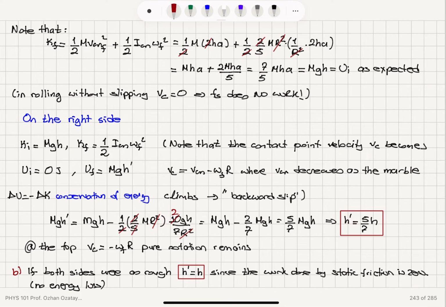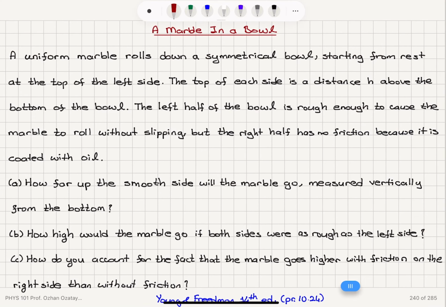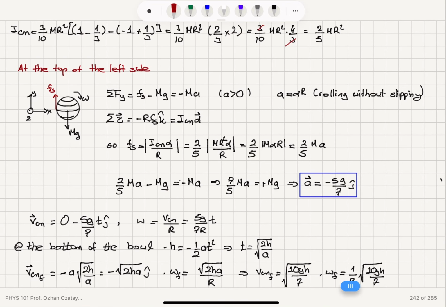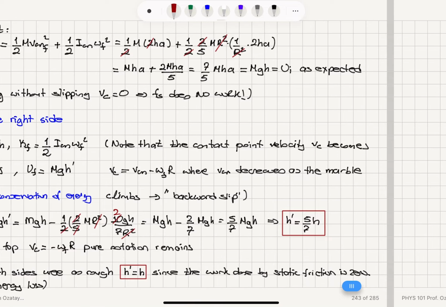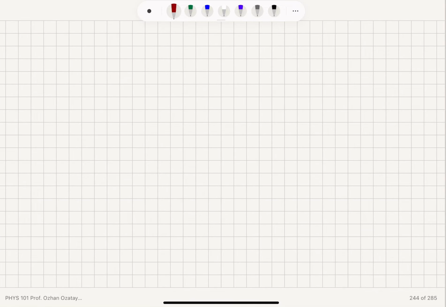And part C asks me, how do you account for the fact that the marble goes higher with friction on the right side than without friction? Okay, so let's see.